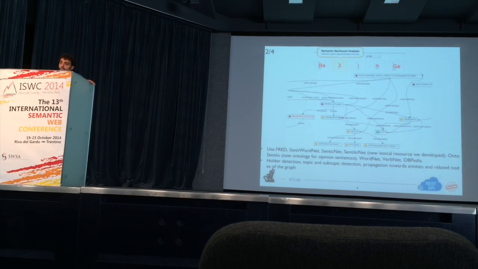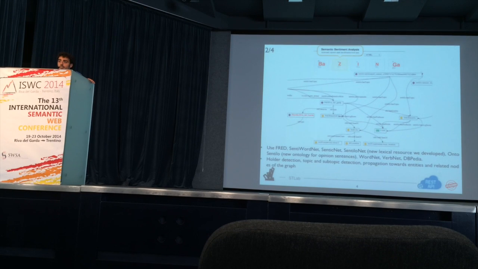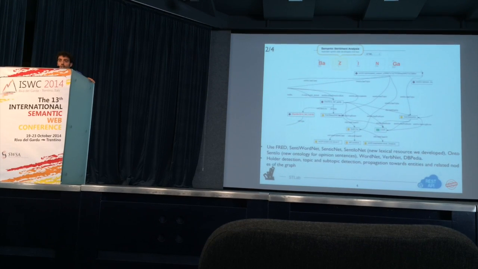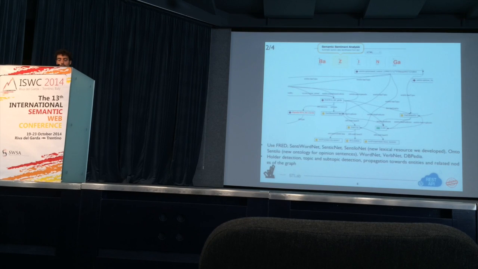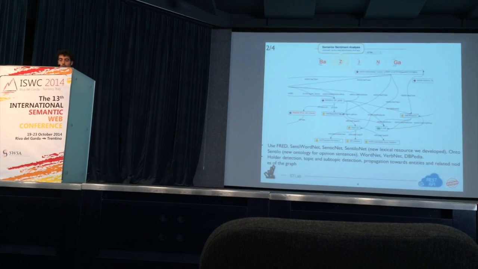I had been working on sentiment analysis for 5 years, and I even opened a startup in the US on sentiment analysis. But all the time we were struggling to find the best precision of the methods. We were only using lexical resources, datasets, classifiers, artificial intelligence techniques. What we really missed was something related to semantics.